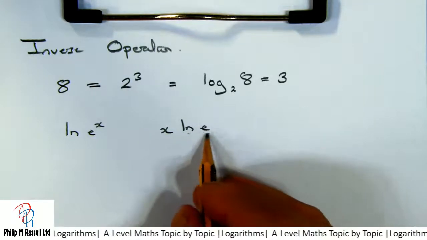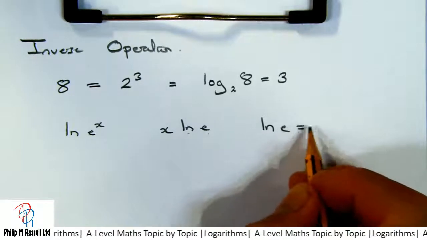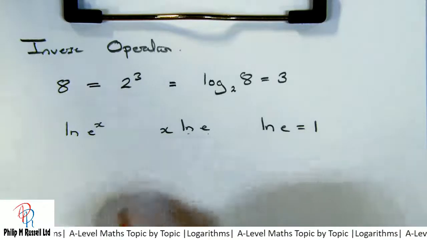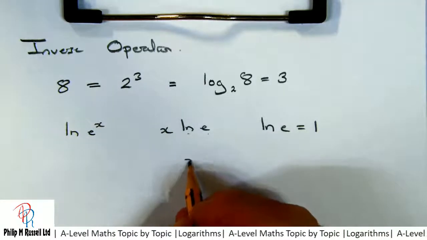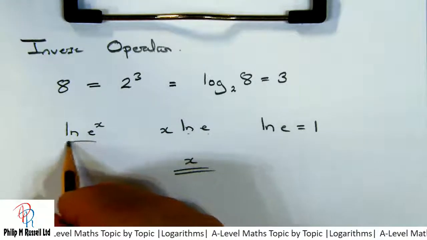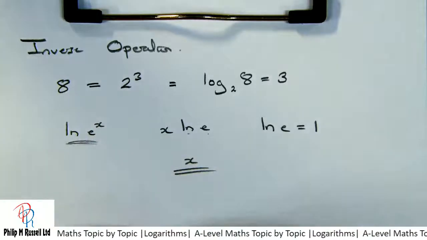We know that ln of e is going to equal 1. So we're stuck with x. So these, which are inverse functions, cancel each other out.